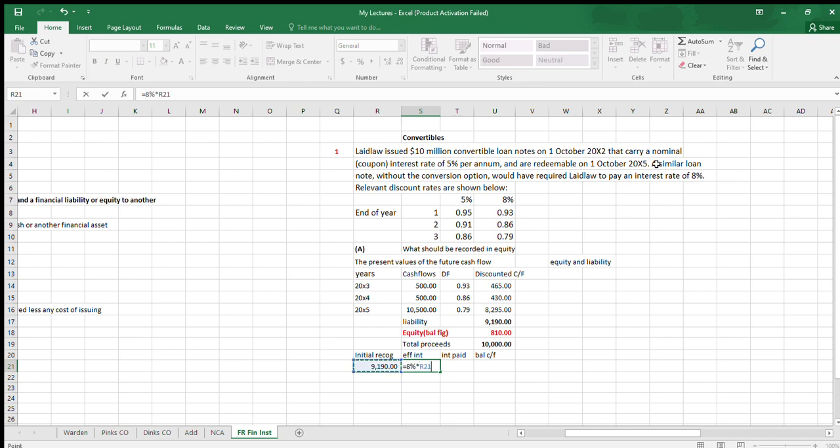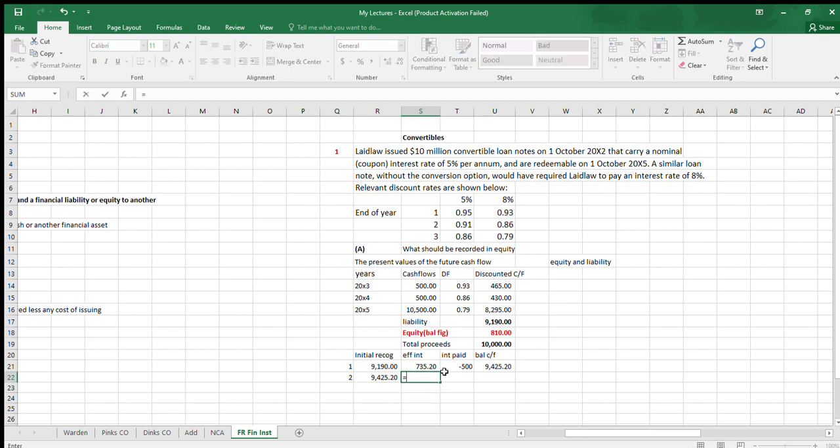So the 8% multiplying 9190. You subtract your interest paid. Our interest paid is 500, the 5% multiplying the 10 million. So our interest paid is 500. So when you do your math, you get this figure. That's for year 1. Year 2, the initial recognition is the figure here.